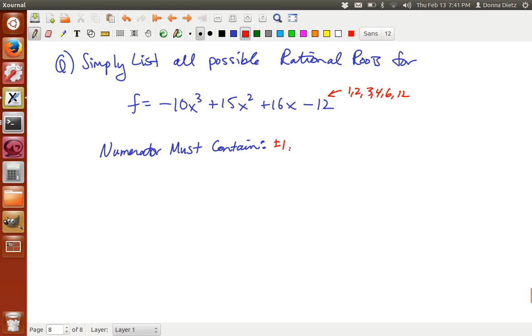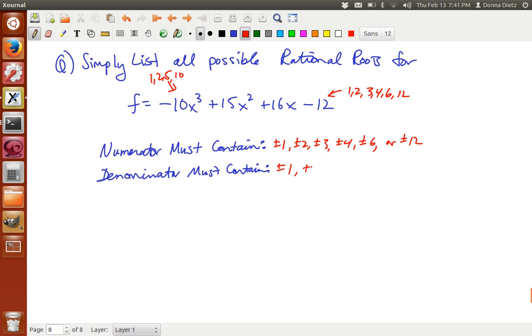Plus or minus 1, plus or minus 2, plus or minus 3, plus or minus 4, plus or minus 6, or plus or minus 12, and the denominator must contain either plus or minus 1, okay, I should list this 1, 2, 5, 10. Can contain plus or minus 1, plus or minus 2, plus or minus 5, or plus or minus 10.